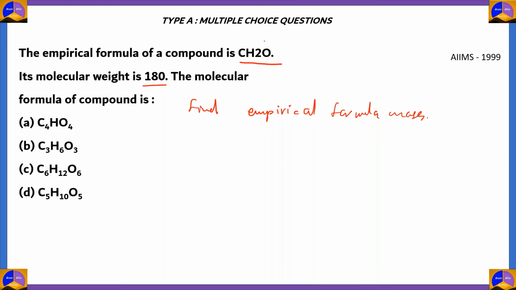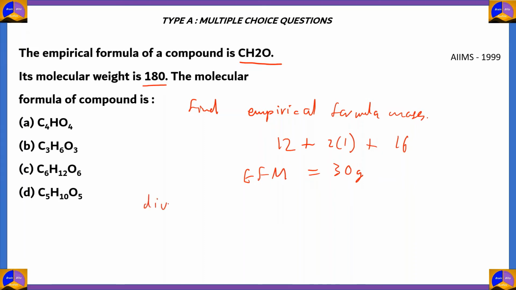So we put the molar mass of each component in the same order as the empirical formula. C is 12, plus 2H is 2 into 1, plus O is 16. So it's 12 plus 2 plus 16, which is equal to 30 grams. This is the empirical formula mass.